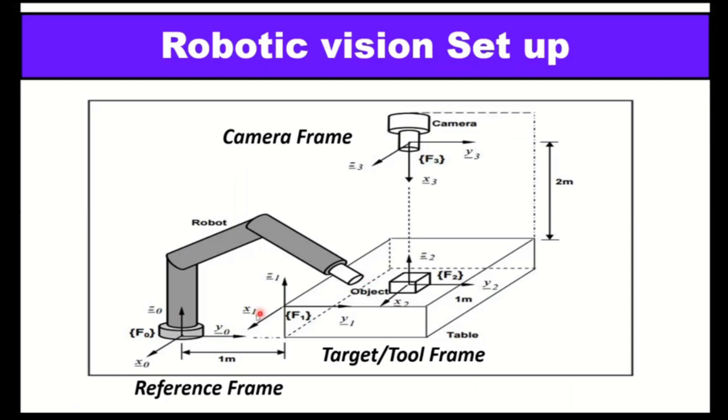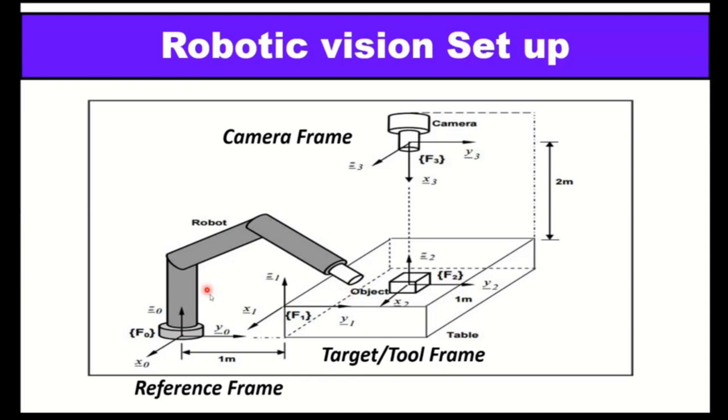So whatever target movement of the tool, that is with reference to the reference frame, which is treated as F0, and F1 will be the tool. You might be knowing the terms like tool vector. There is a derivation in the kinematics of robotics. You must have learned that. So these two positions are treated as control things.